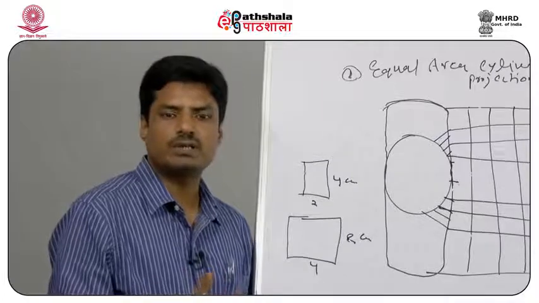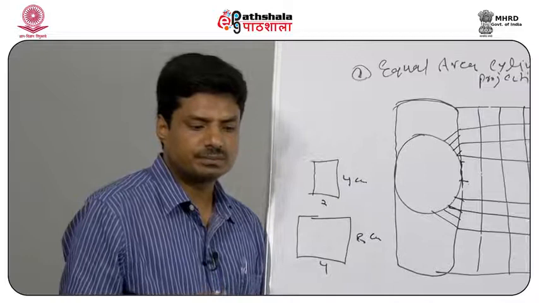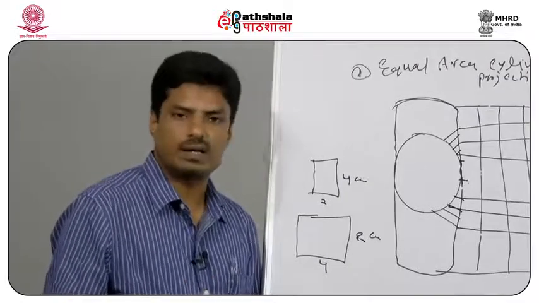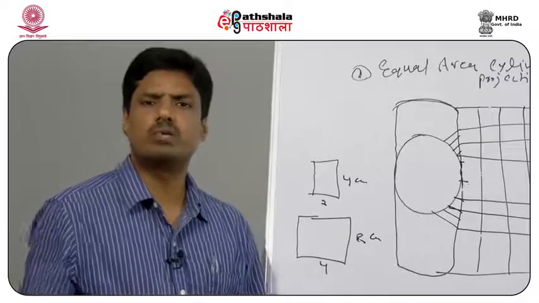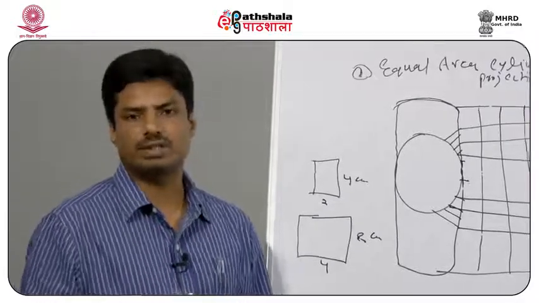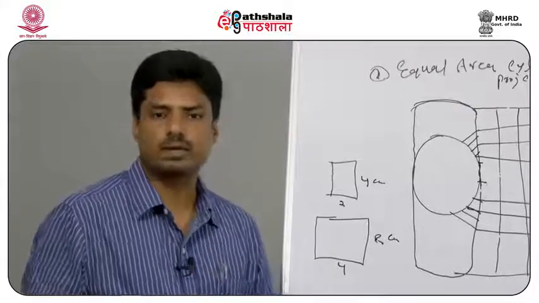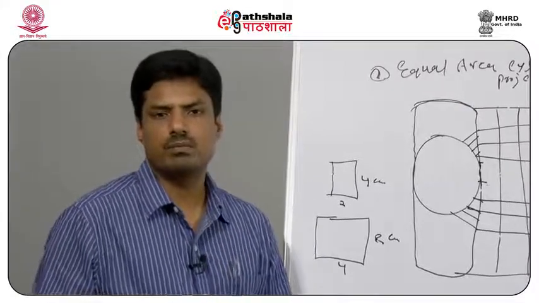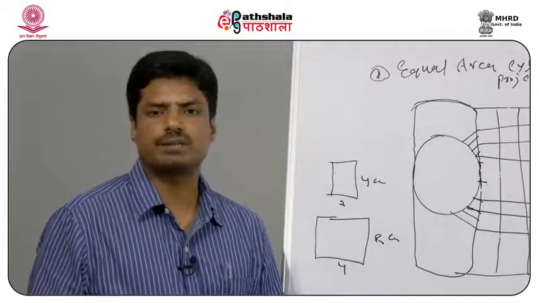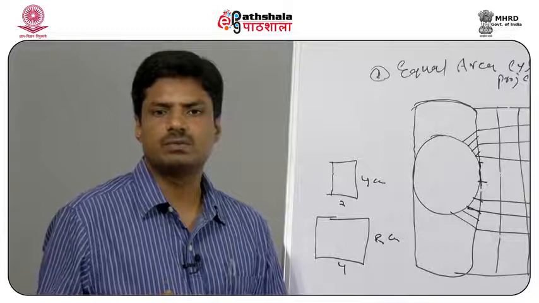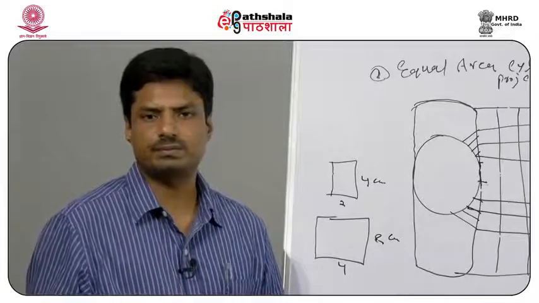And the second important feature of Mercator projection is that it is true to the direction. Let me explain a few important things about Mercator's projection. These were the plus points of Mercator's projection. But one thing I would like to tell you is that this projection is better for the areas located near the equator.